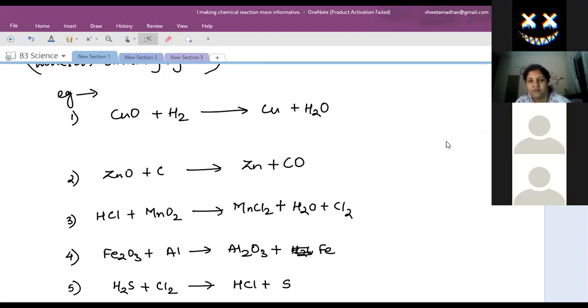Oxidized is CuO. The substance oxidized. What do you mean by oxidation?